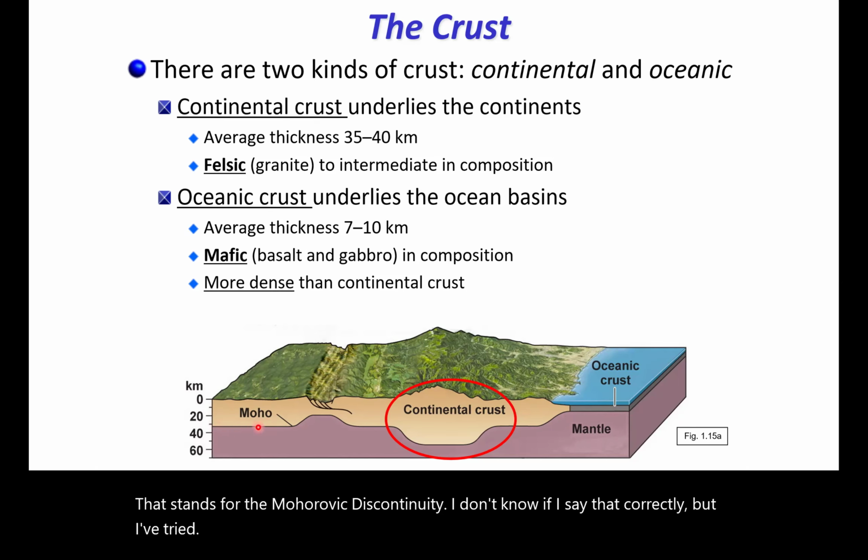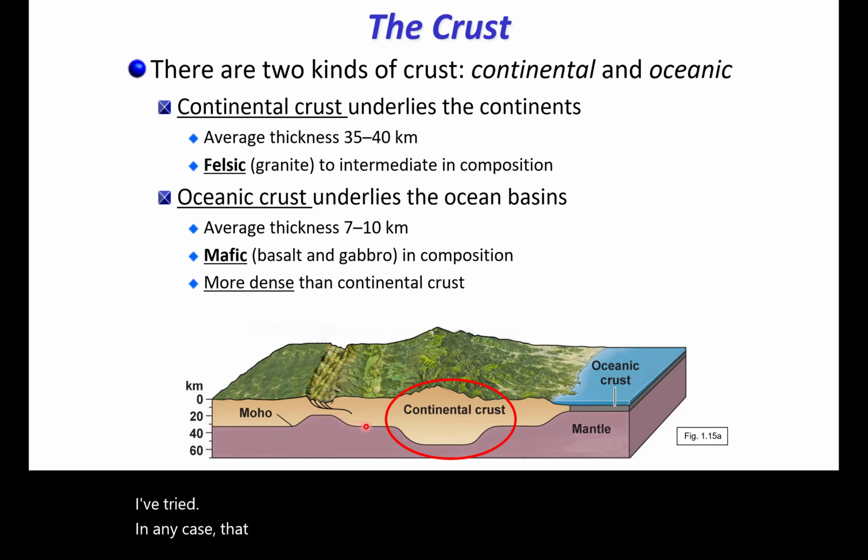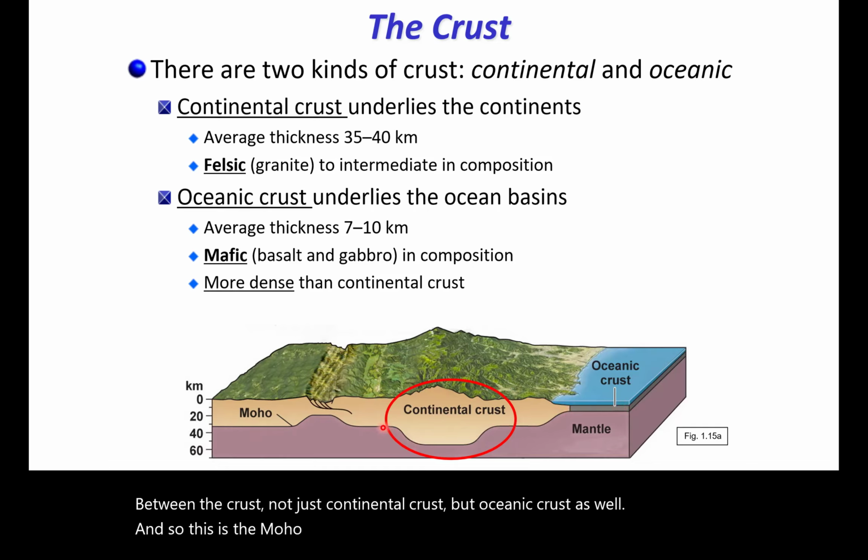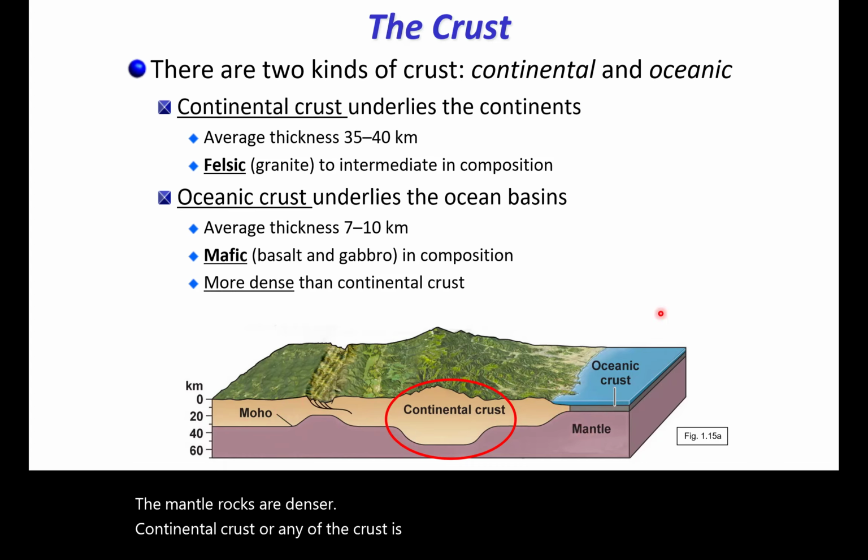In any case, that is the boundary between the crust, not just continental crust, but oceanic crust as well. And so this is the moho, and it dips down or comes up a little bit further. It is dependent on density. The mantle rocks are denser, and any of the crust is less dense than the mantle.